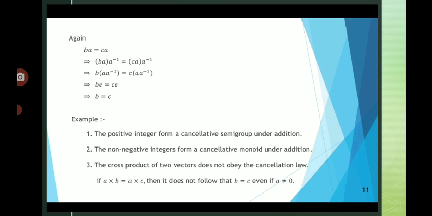By using the inverse property, AA inverse is E. So BE is equal to CE. Again using the identity property, B is equal to C. We take BA equal to CA, then finally B equal to C. This is the right cancellation law. So in a group G, the left cancellation law and the right cancellation law hold.